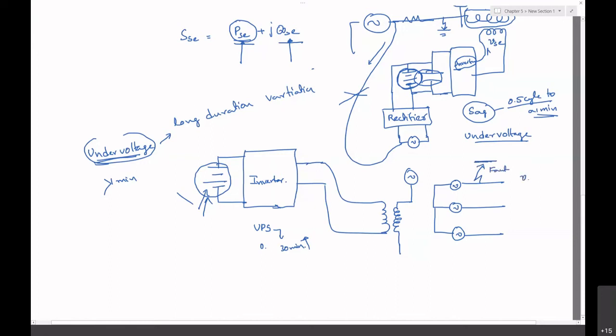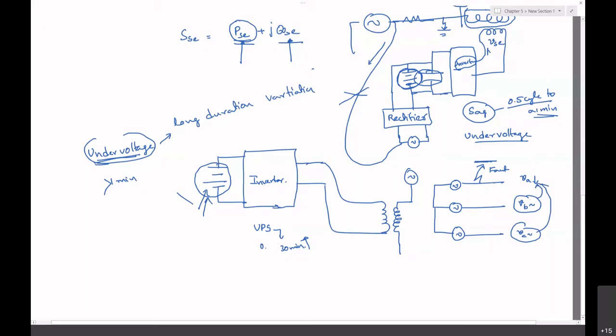Then obviously the A phase voltage has reduced, but the VB and VC voltages are in a healthy condition. In that case, what they try to do is take the power from the B phase and the C phase, and correct the voltage at the A phase also.